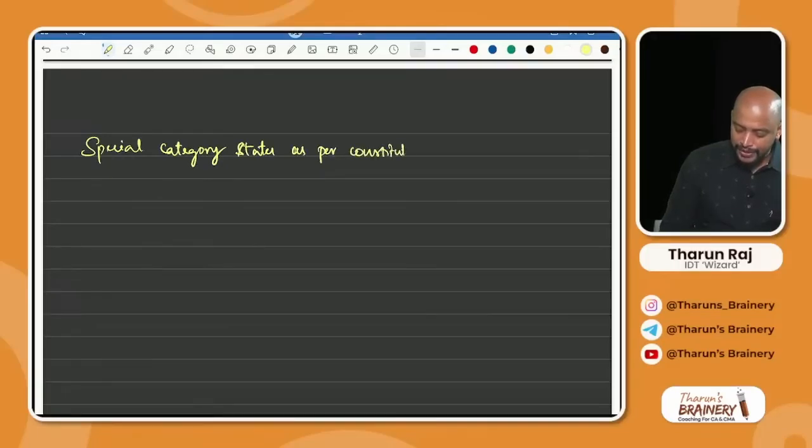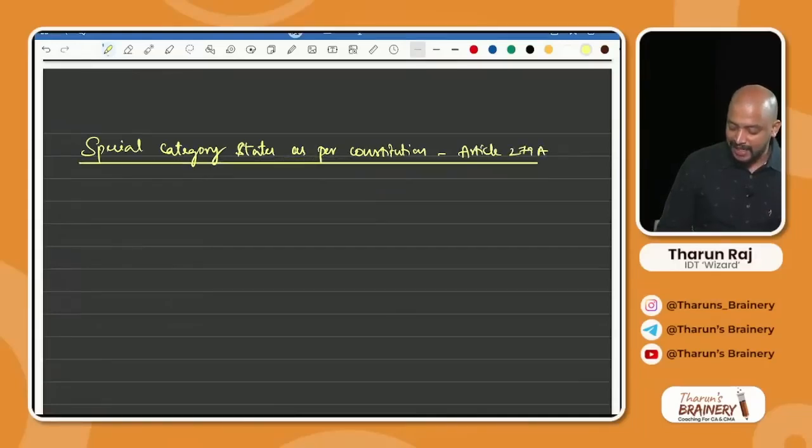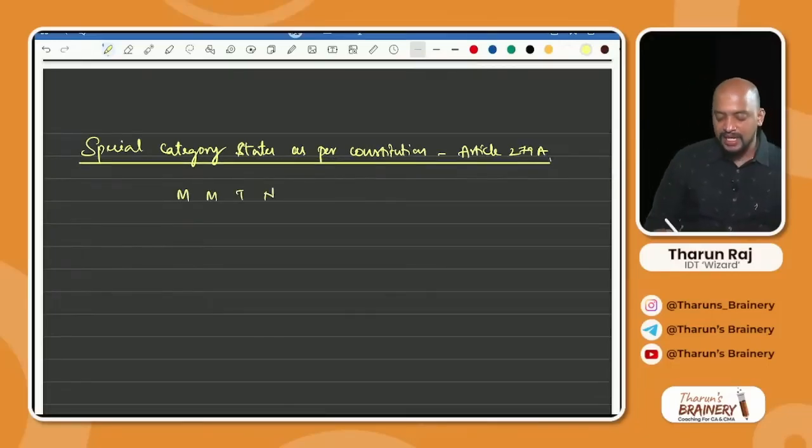As per Article 279A of the Constitution, there are some special category states. They are MMTNASAM. What is MMTNASAM? Manipur, Mizoram, Tripura, Nagaland, then A, that is Assam, S for Sikkim, A for Arunachal Pradesh, M for Meghalaya.